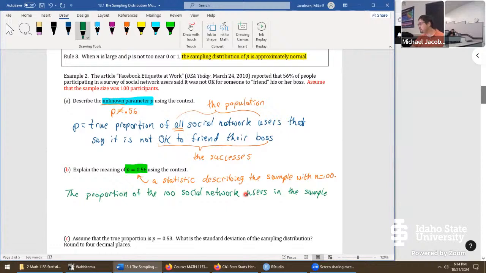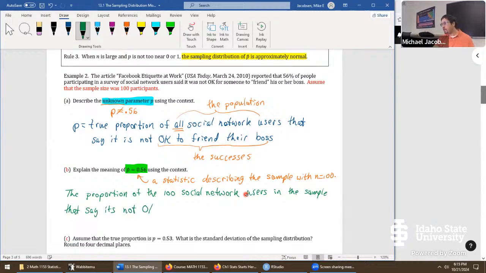So the proportion of the 100 social network users in the sample that say it's not okay to friend their boss is 0.56. So that's essentially all we're really going for if you ever have to explain the meaning of p hat. Essentially, it's the same thing we said up here, except we direct our explanation by saying we're talking specifically about the sample somewhere. Any questions, folks, with that portion there?